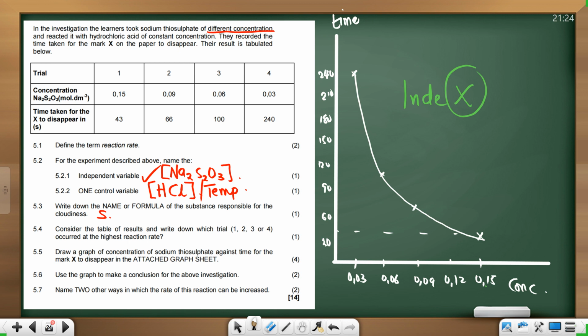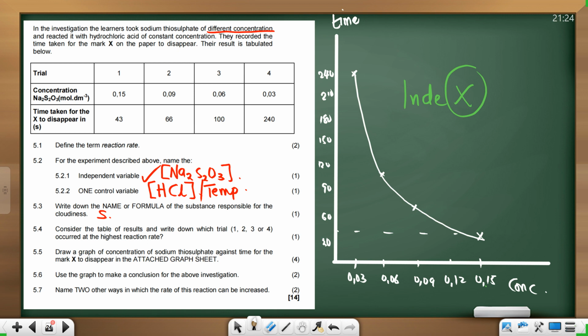Yes, Mtutuzi. For this graph, the rate of reaction will always be your y, and the rate is basically your time. It will be your y-axis. And independent would be the factors. So all the factors would be the X. Are we good, guys?